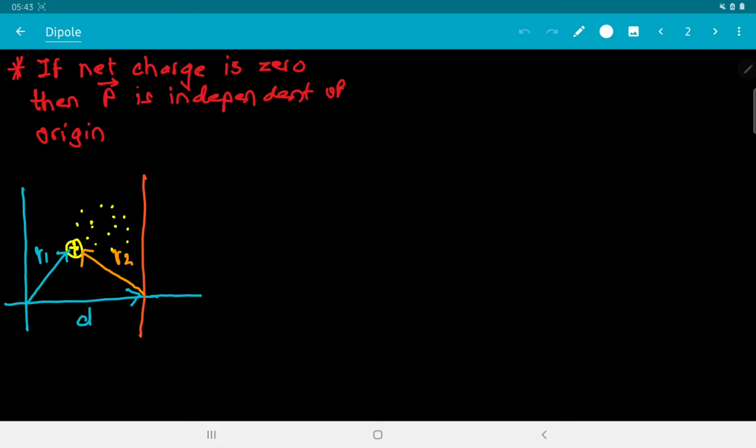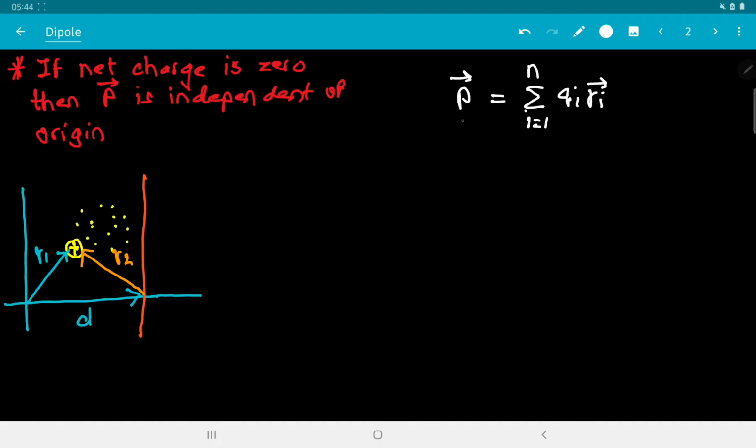Now let us look at the next point. The next point is, if the net charge is 0, then the dipole moment is independent of the origin. What do we mean here? We have defined dipole moment as the summation of the charge and the position vector, where i is from 1 to n.